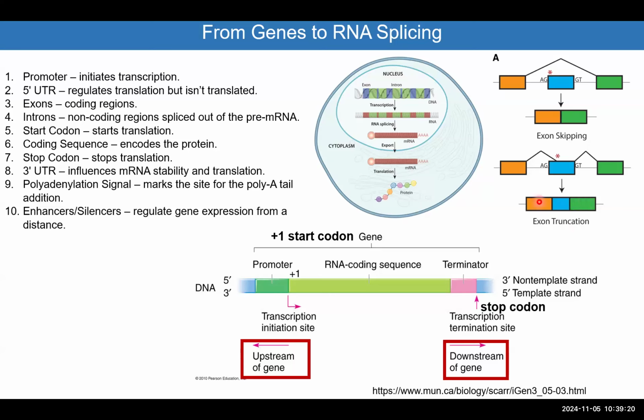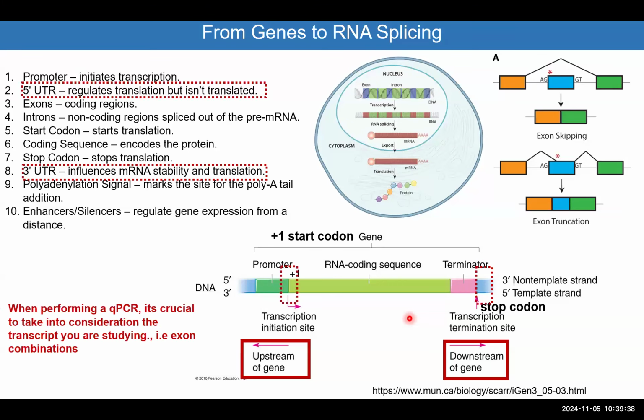Because if the primer binds between 1 and 3, it will pick only this isoform, while if it binds between 1 and 2, it will pick only this isoform. So that's how you can differentiate between the two.